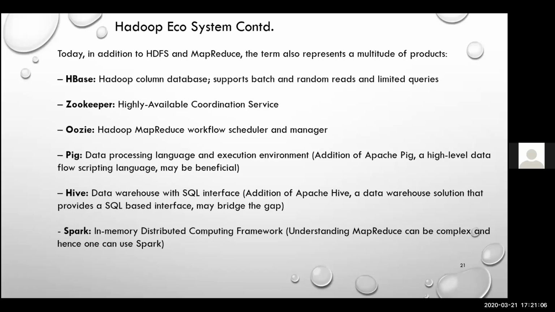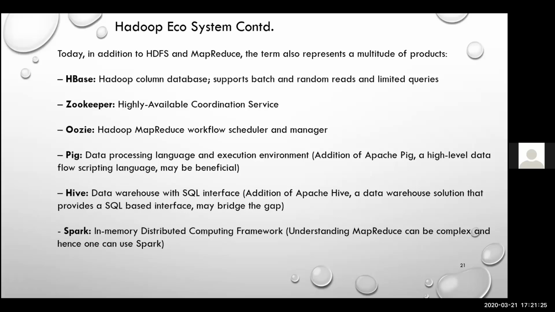Oozie is the Hadoop MapReduce workflow scheduler and manager. And Pig is a tool, I mean a language, like SQL, a data processing language.